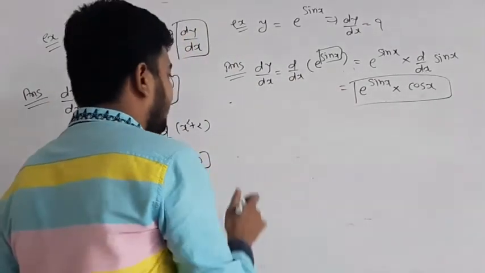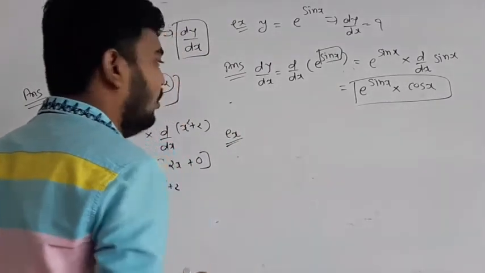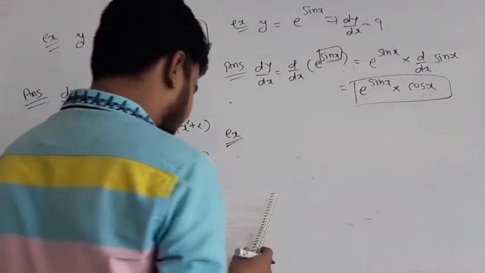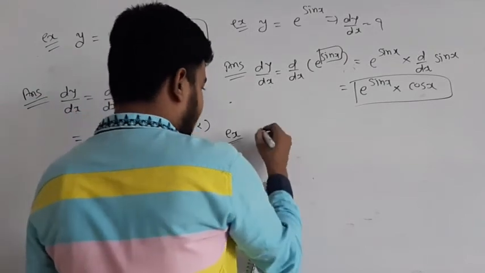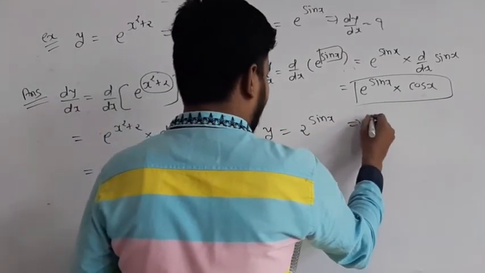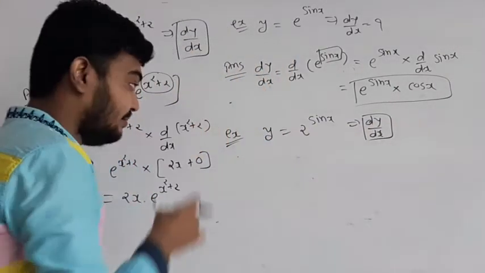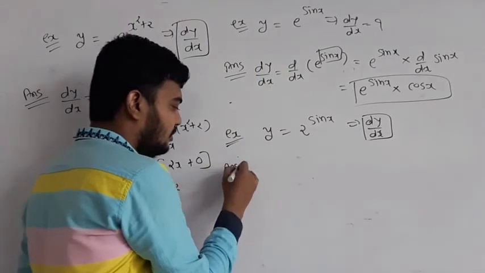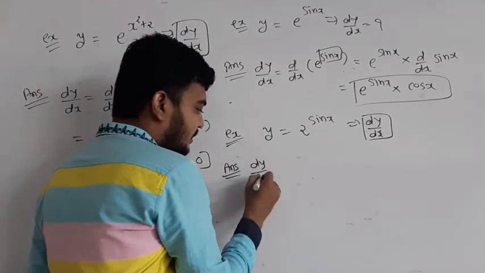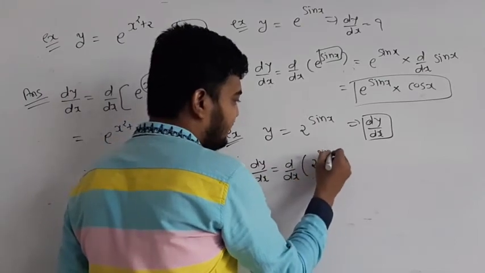And now taking the last example of this lecture: y is equal to 2 raised to sin x, find dy by dx. So dy by dx is equal to d by dx of 2 raised to sin x.